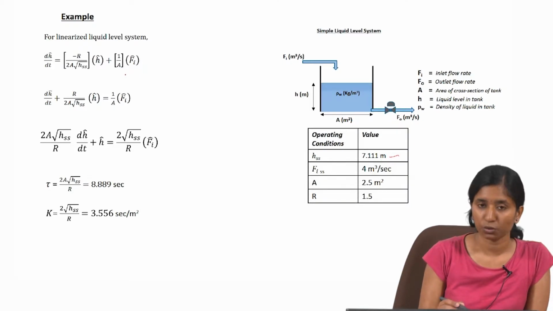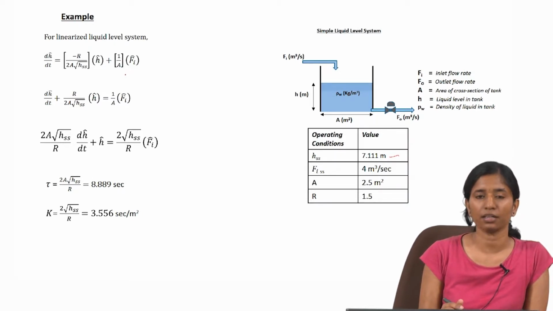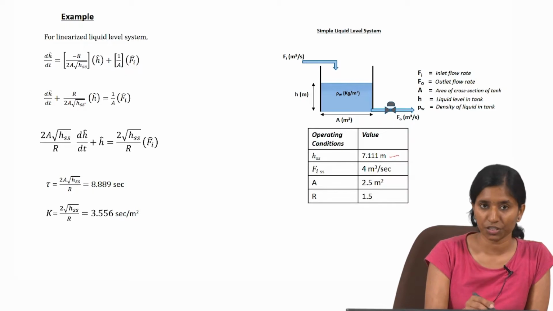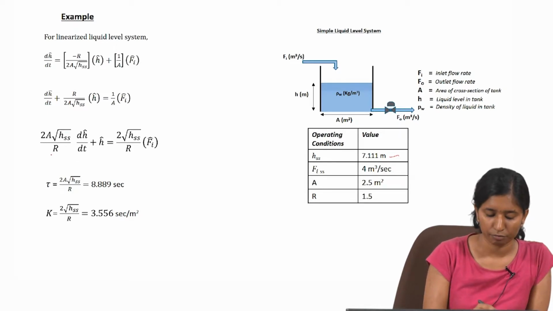We know that the first order differential equation in terms of time constant and process gain has a particular format. So, we will rearrange this equation in order to get it in terms of the time constant and the process gain.